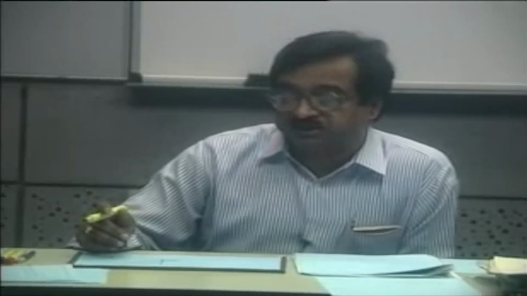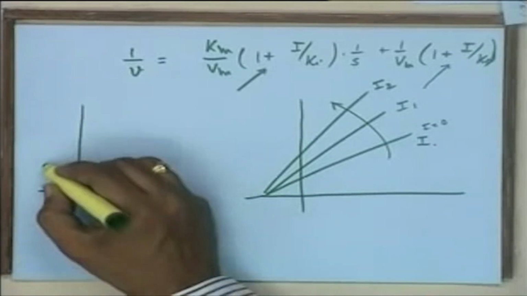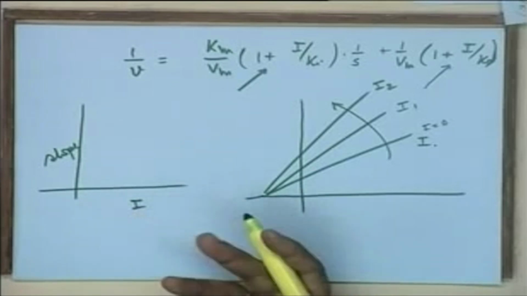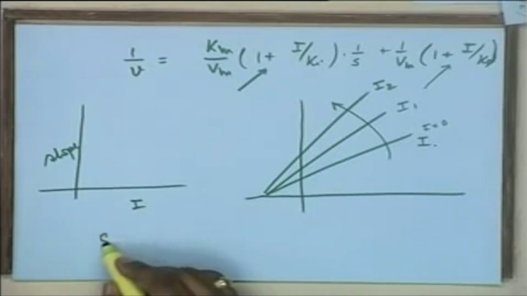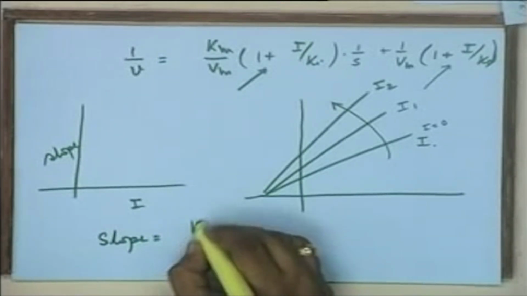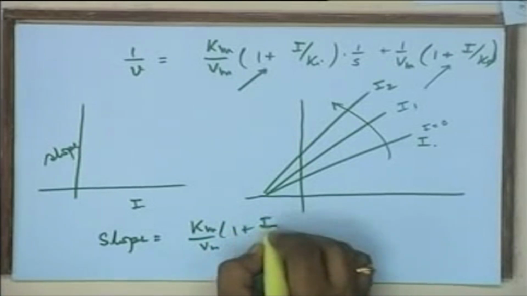That means, either you determine the slope or intercept at different inhibitor concentrations and make a plot between I and slope or intercept. You can get a straight line, because slope will be equal to Km over Vm, 1 plus I over Ki.